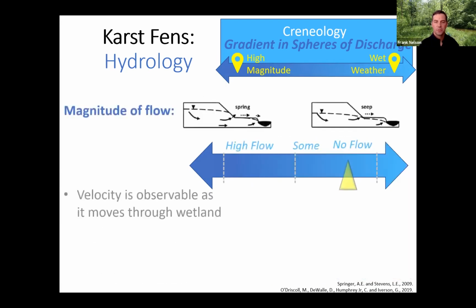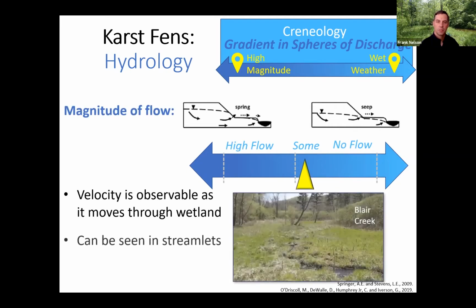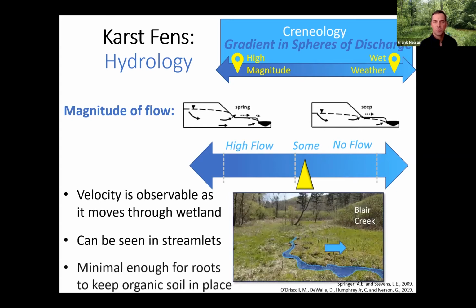In terms of magnitude of flow, there is velocity that's observable as water's moving through these wetlands. It can often be seen in streamlets. However, overall, the velocity is very minimal, enough for the roots to keep the organic soil in place.